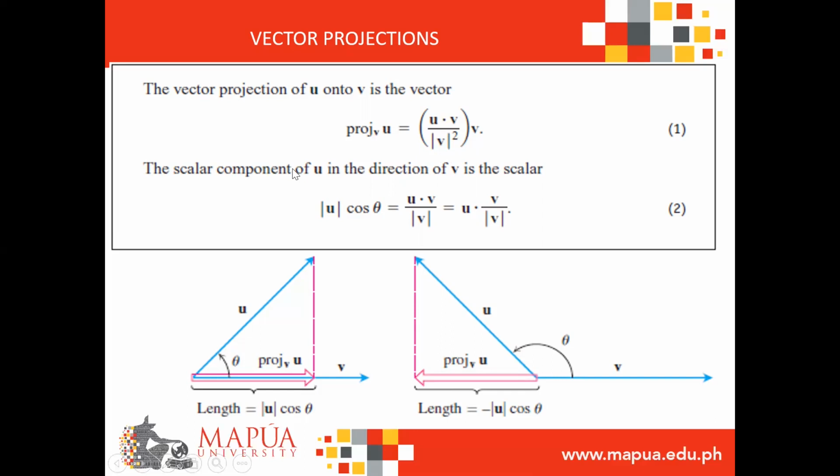The scalar component of u in the direction of v is the magnitude of u times cosine theta, which equals u dot v over the magnitude of v. This figure also illustrates the figures that we had a while ago.